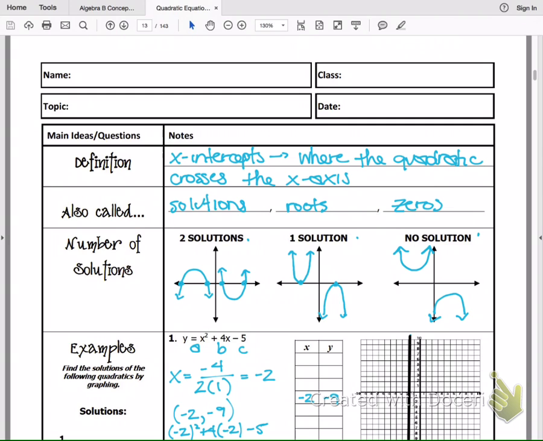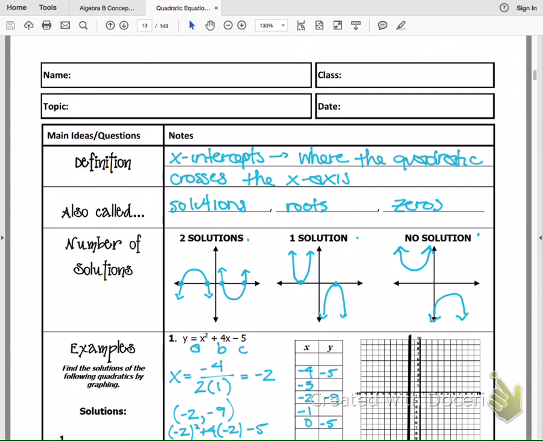All right. So if they give us a table like this, okay, typically we do 2 points below, 2 points above, right? So if I do 2 points below this, it would be negative 3 and negative 4. 2 points above that would be negative 1 and 0. Which ones should we probably plug in? Negative 1 and 0. Okay, those are pretty easy. 0 is negative 5, so where else is going to be negative 5?